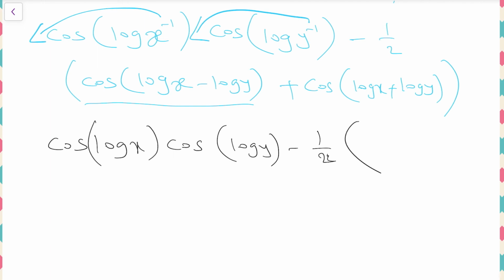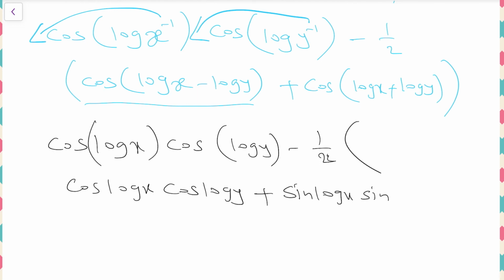Cos of a minus b is nothing but cos a cos b plus sin a sin b, that is cos log x cos log y plus sin log x sin log y.